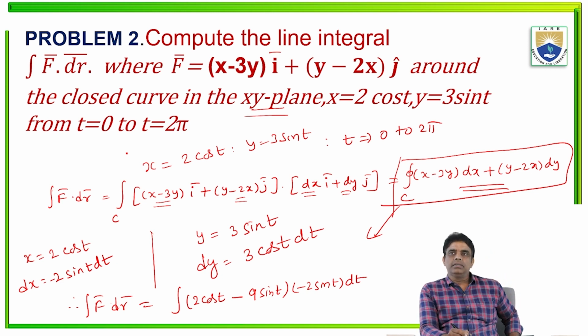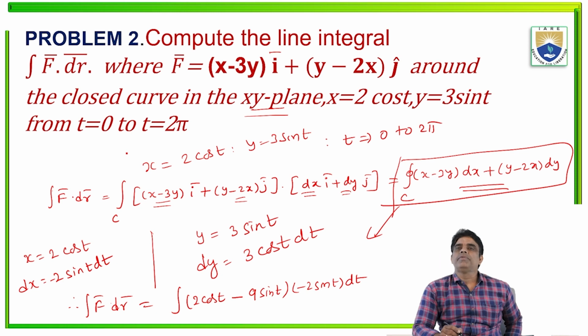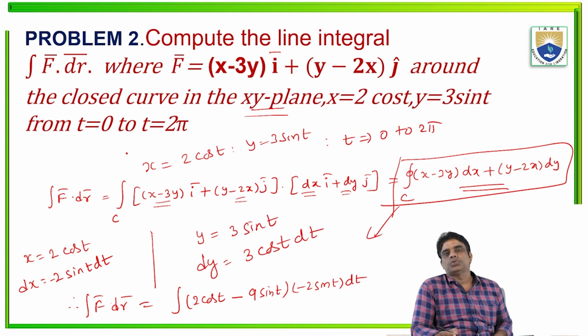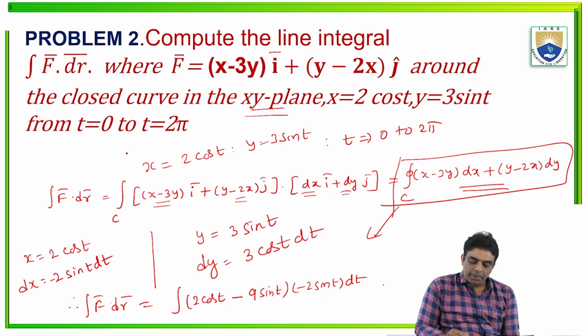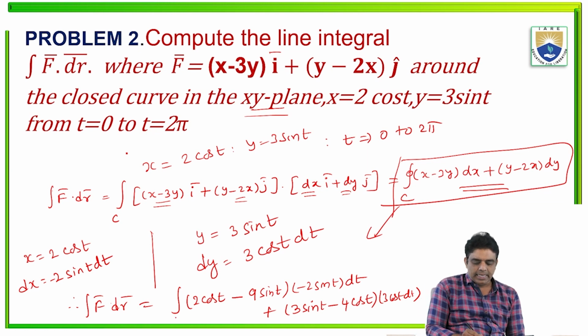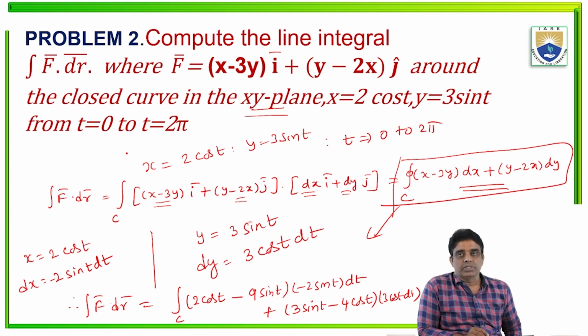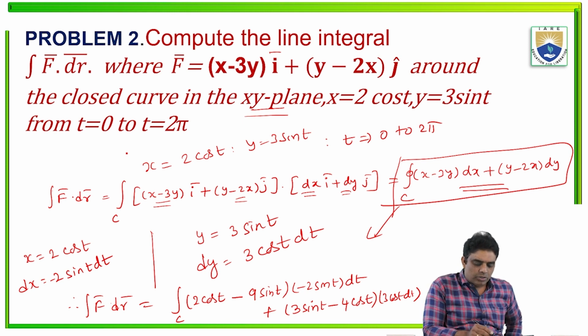I am replacing x by 2 cos t and y by 3 sin t, dx by minus 2 sin t dt and dy by 3 cos t dt. So I am changing the total function in terms of t, plus y minus 2x. What is y? y is 3 sin t minus 2 into x, that means 4 cos t, times dy, which means 3 cos t dt. So this is the integral f bar dot dr bar along the curve C. This we have to simplify, and the t limits are also given, t is equal to 0 to 2 pi, so that I can substitute.